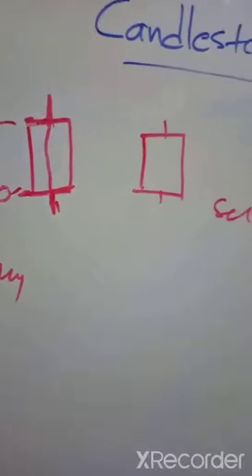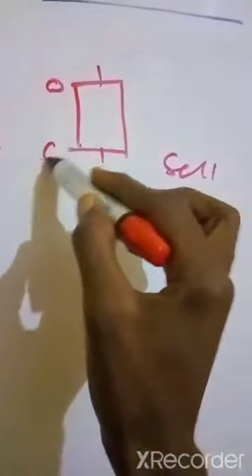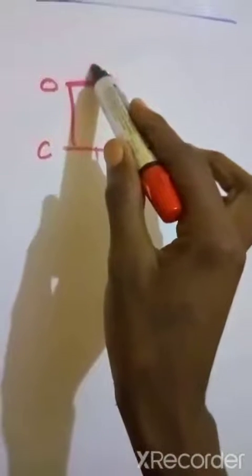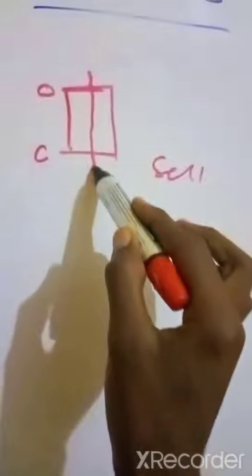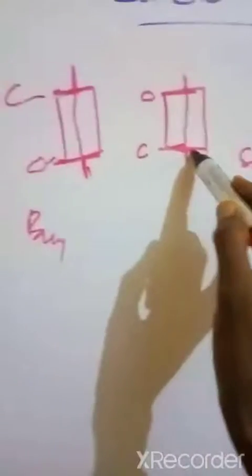Then on the sellers, it opens from here, then it closes from here. Meaning it opened from here, it went up a bit, then it went down and closed here. So this is how candles work.